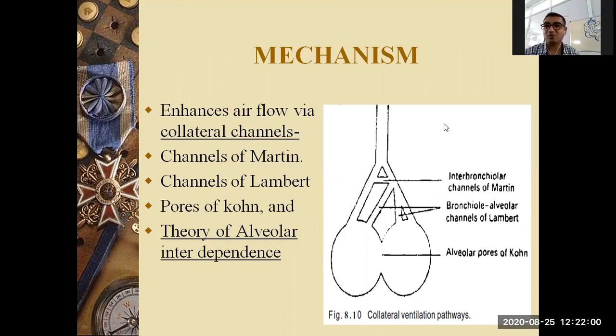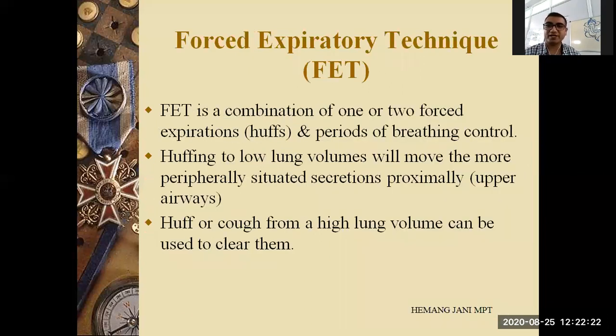We have some channels: interbronchial channels of Martin, bronchoalveolar channels of Lambert, and pores of Kohn. Whenever you are holding the breath, these channels are activated and open, and ultimately atelectasis can be prevented. So this is called the theory of alveolar dependence and collateral channels.